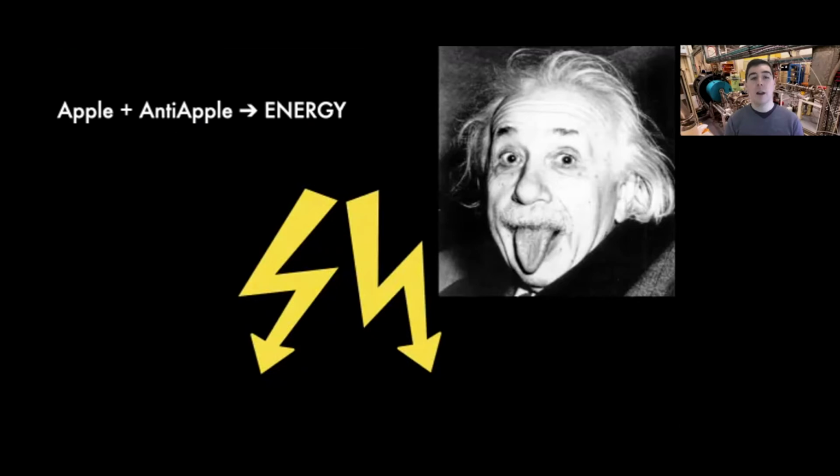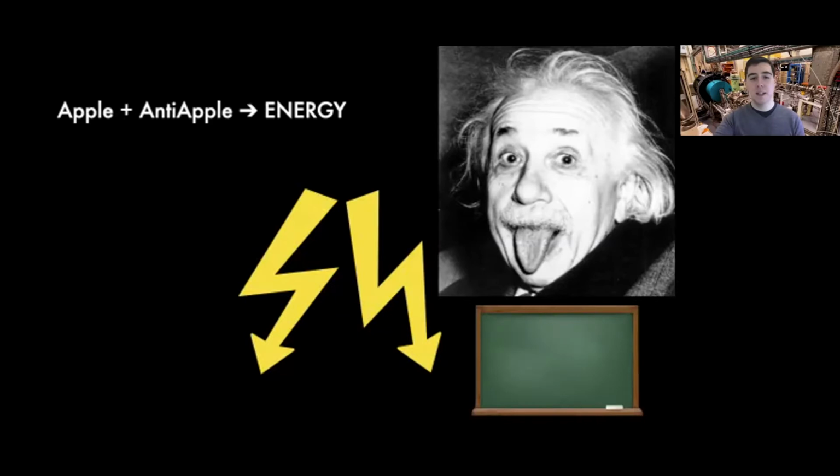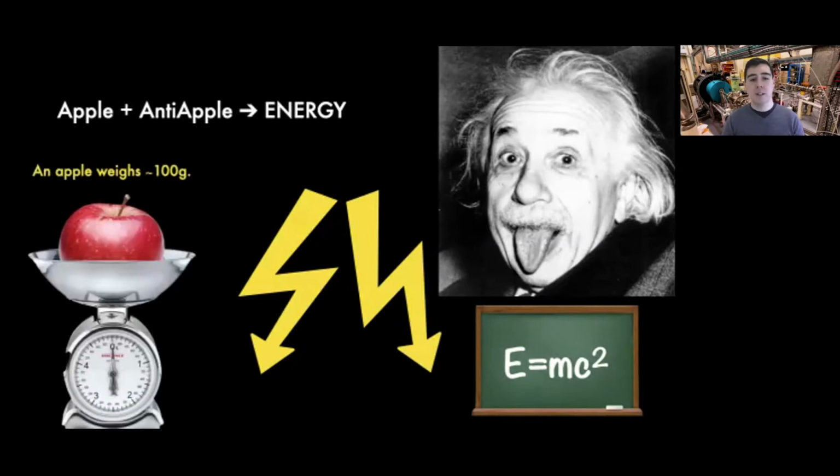This is what Albert Einstein discovered with his most famous equation, E equals mc squared, which tells us that mass, m, can be converted to energy, E. And this letter c, the speed of light, which is very, very fast, tells us that there is lots of energy in anything that has mass. So an apple weighs about 100 grams, and if we smashed it together with our hypothetical anti-apple, it would release lots of energy, in fact, enough to power Australia for a whole year.